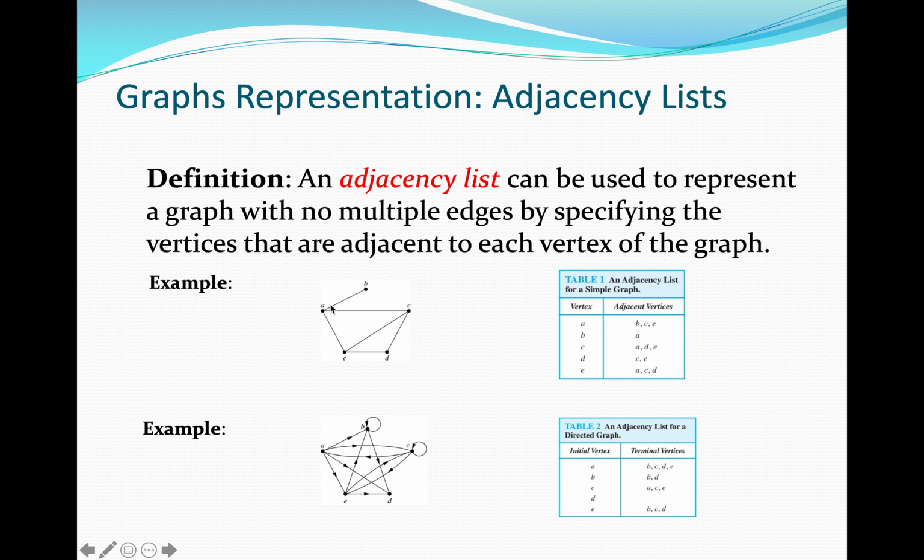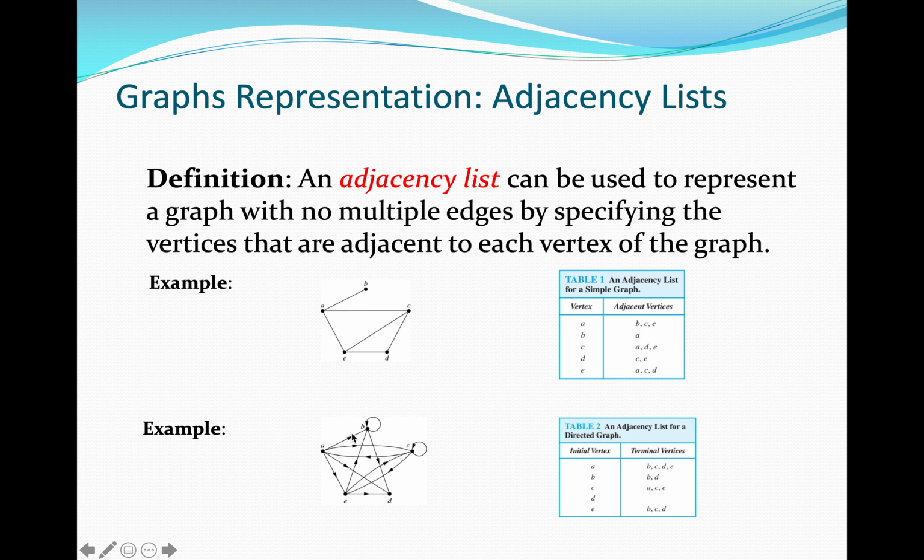So like in this case, you can see that vertex A has an edge from A to B, and A has an edge from A to C, and A has an edge from A to E. So in this case, we can say that B, C, and E are the adjacent vertices for A. Whereas for B here, you can see that B only has one edge, which is from B to A. So we can say that for B, it only has one vertex, which is A.